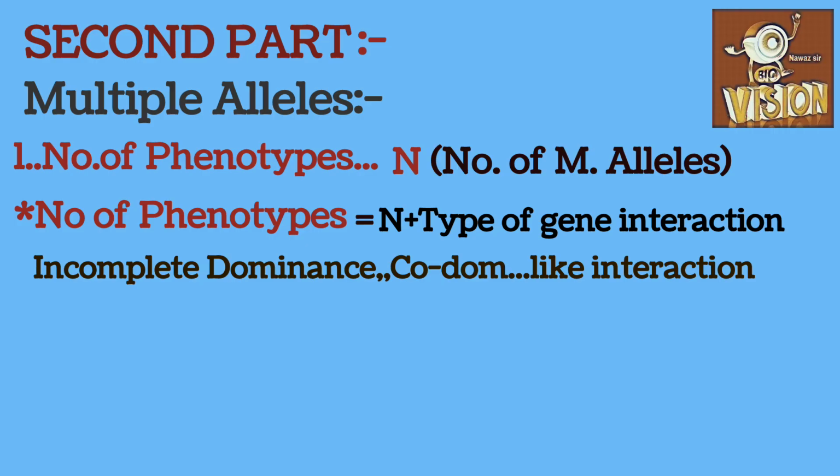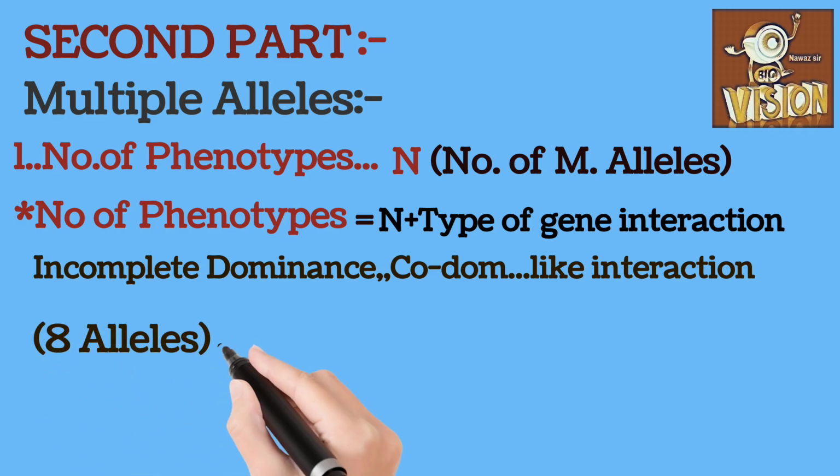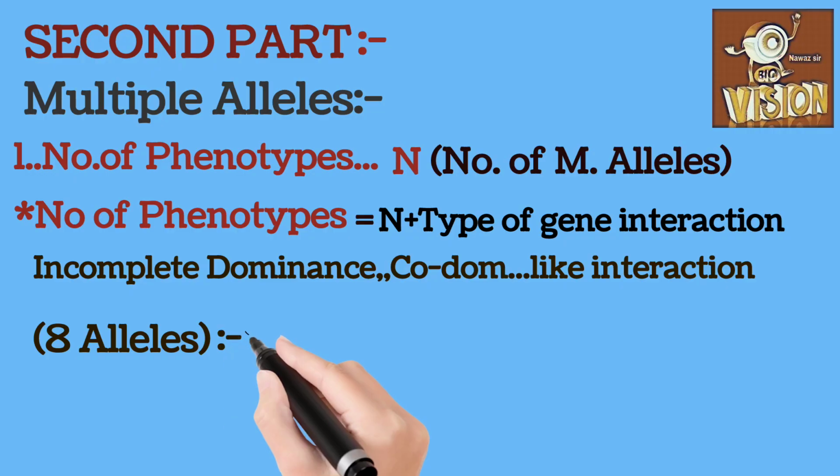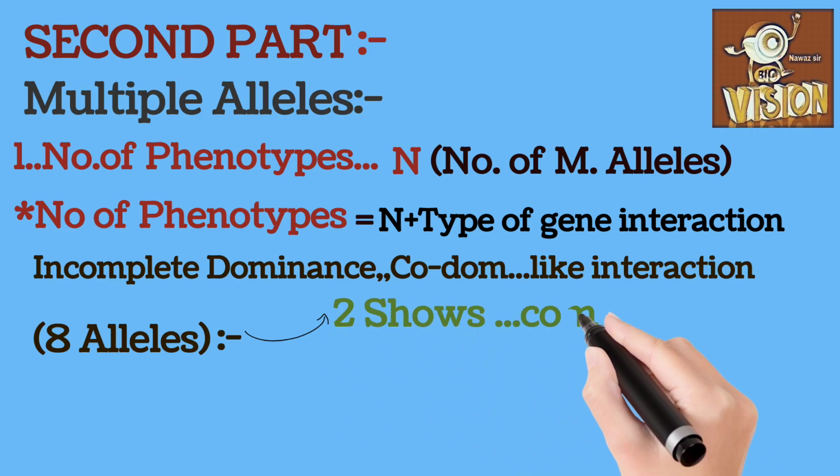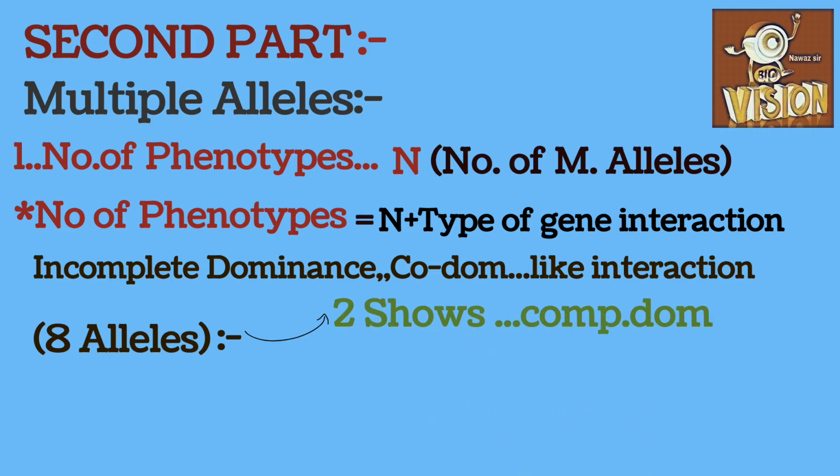Now let me simplify the second case here. Let's assume we have 8 multiple alleles for a gene. Among these alleles, one locus, we can say 2 alleles, show complete dominance. Dear friends, complete dominance is not considered a gene interaction. Now the remaining alleles, we can write here 6 alleles.